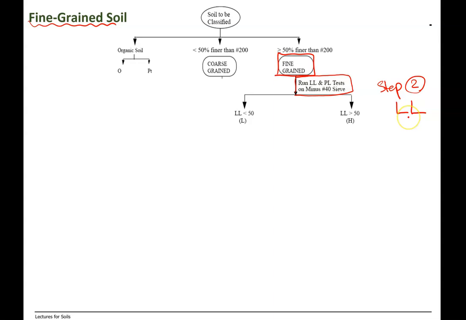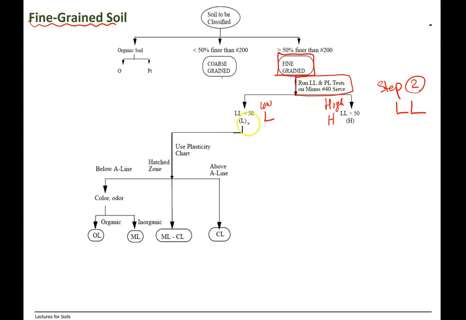And then look at your liquid limit. If liquid limit is less than 50%, we have low plasticity and we will use letter L. If liquid limit is higher than 50%, we have high plasticity and we will use letter H. That's step two.